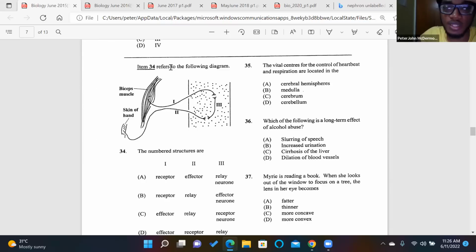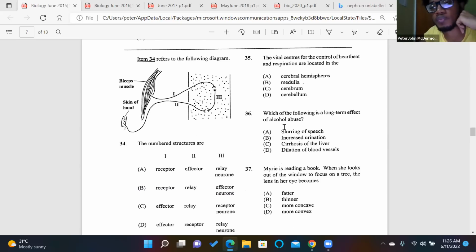So if you were to get a burn on your hand, the skin of the hand is the receptor, that's where you're feeling the pain. The biceps is the effector, because it's responding to the stimulus, right? So that's the difference. A relay neuron just transfers the information.